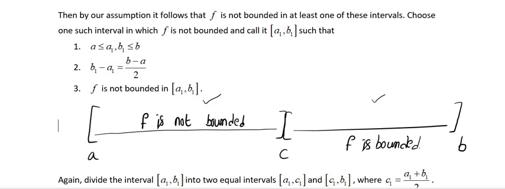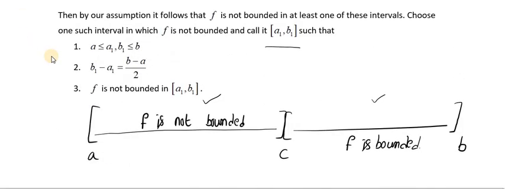Now we rename this closed interval as closed interval a1 b1. So a1 value equal to a, b1 value less than b. Here we are observing these 3 points. They are saying a less than or equal to a1. Here we have a equal to a1.